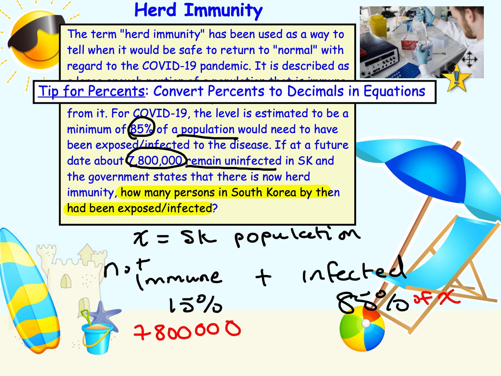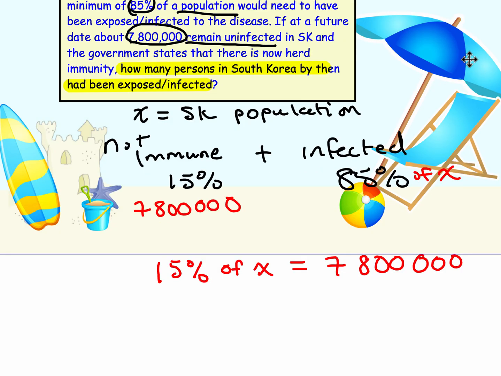Okay, so let's go back and rewrite this. We're going to get rid of the word "of," because "of" is a word, not a symbol. To make 15% into a decimal, we take the decimal point in the 15, which is right here, and divide by 100, which moves it back to the left 2 spots. So that would be 0.15.